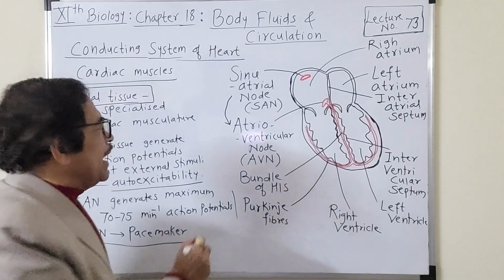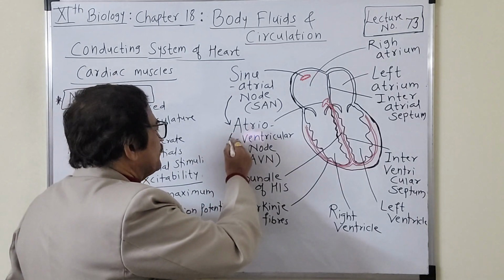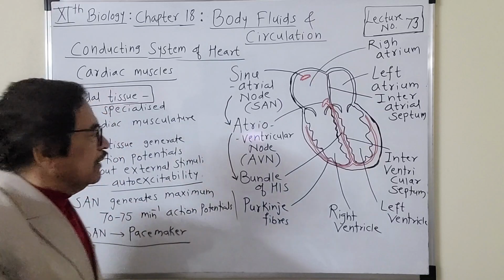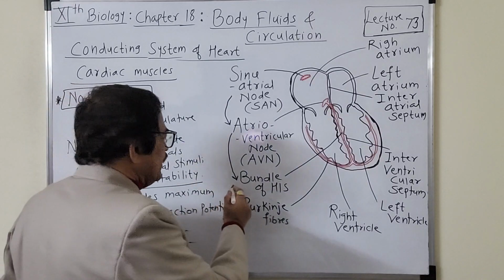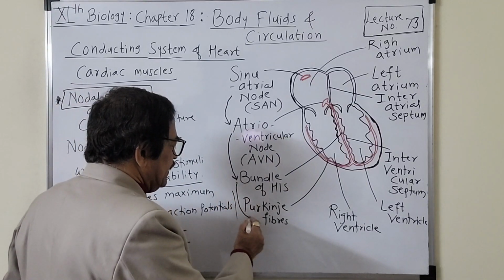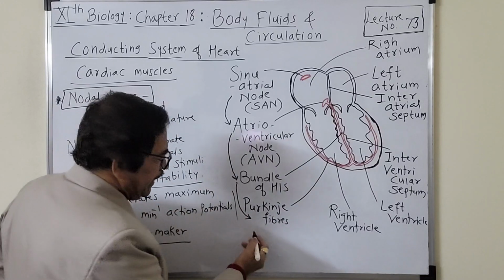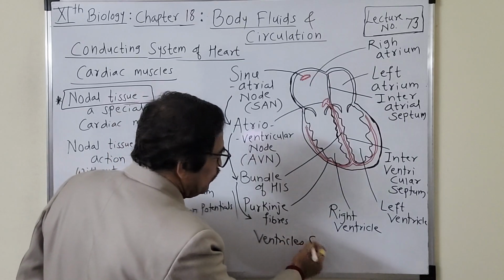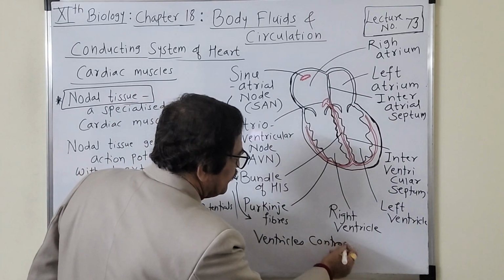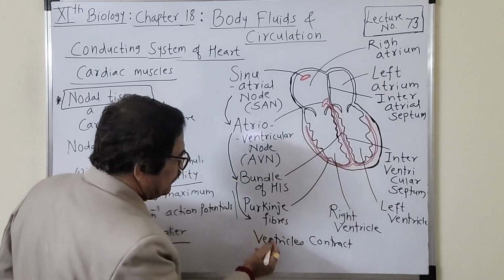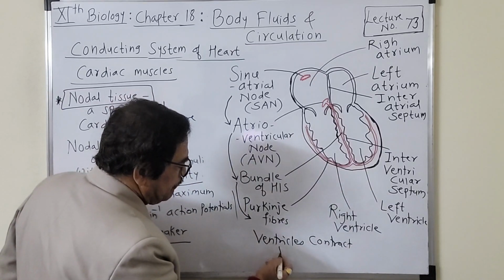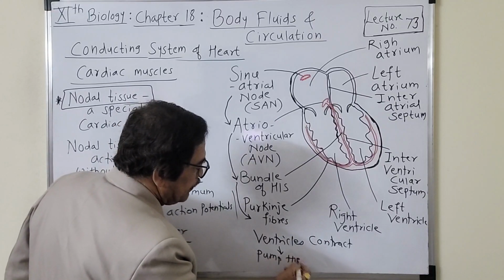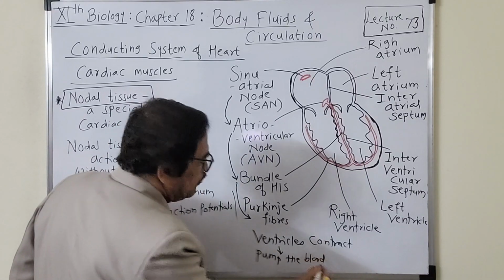Then from the atrioventricular node it passes to the bundle of His, that is the AV bundle, and then from the AV bundle it passes to the Purkinje fibers, and then the ventricles undergo systole or contract, and pump the blood into the respective blood vessels.